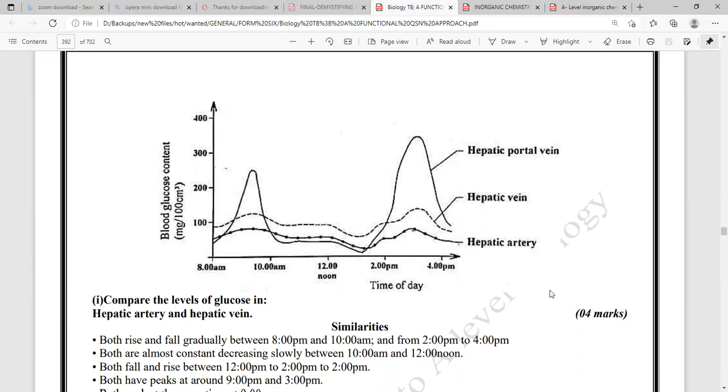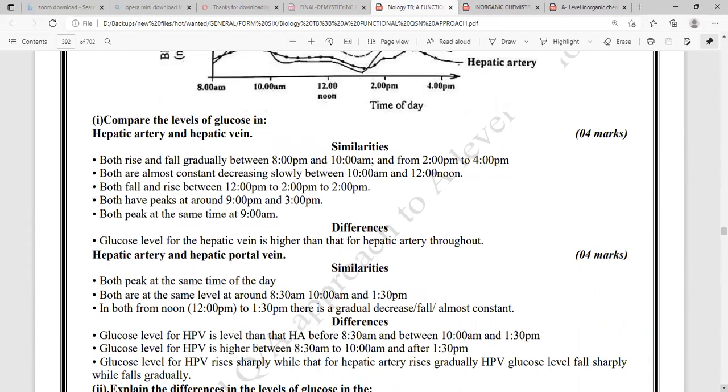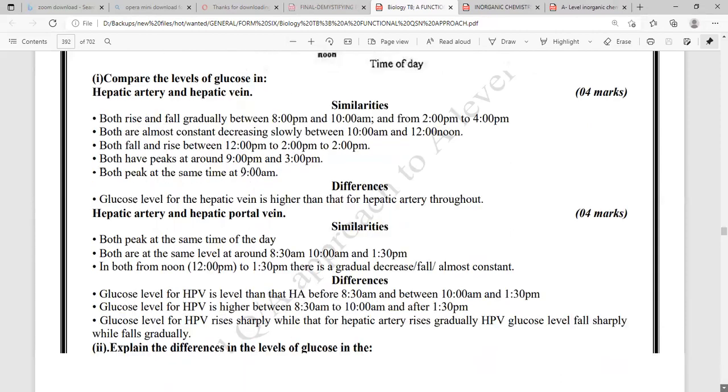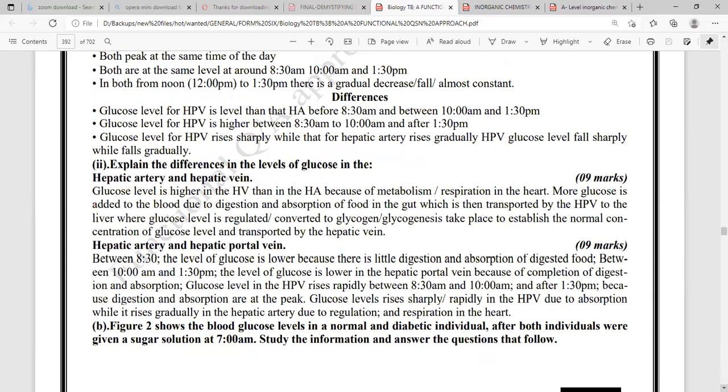So you are required to compare the levels of glucose in the hepatic artery and the hepatic vein. You have to talk about the differences and similarities, 4 marks. You are required to talk about the hepatic artery and the hepatic portal vein. Also, you give the differences and similarities. Then you are required to explain the difference in the levels of glucose in the hepatic artery and the hepatic vein.